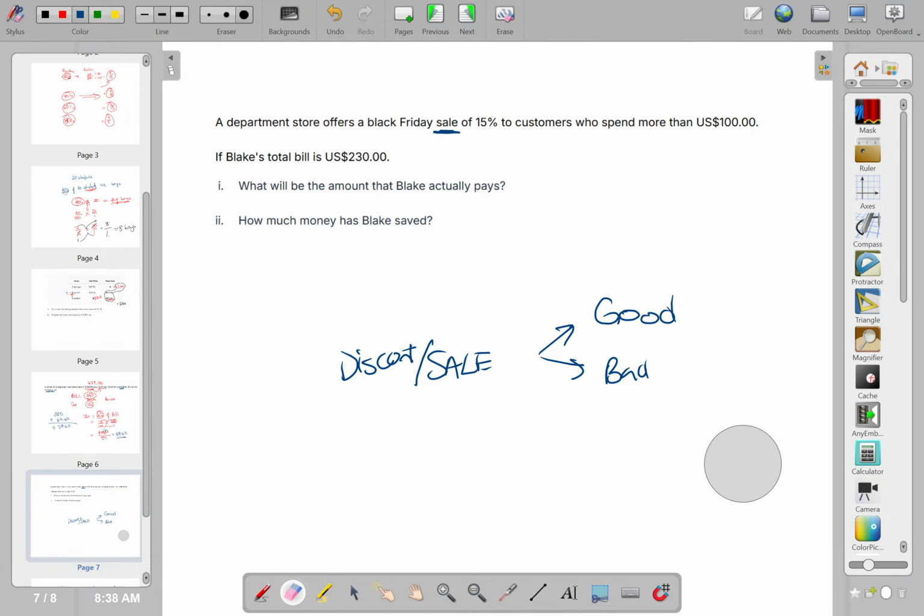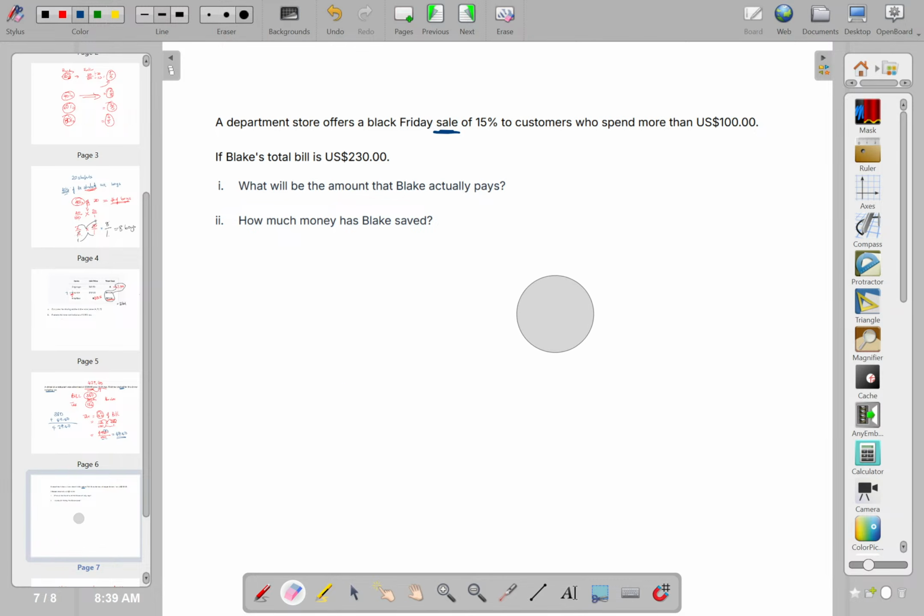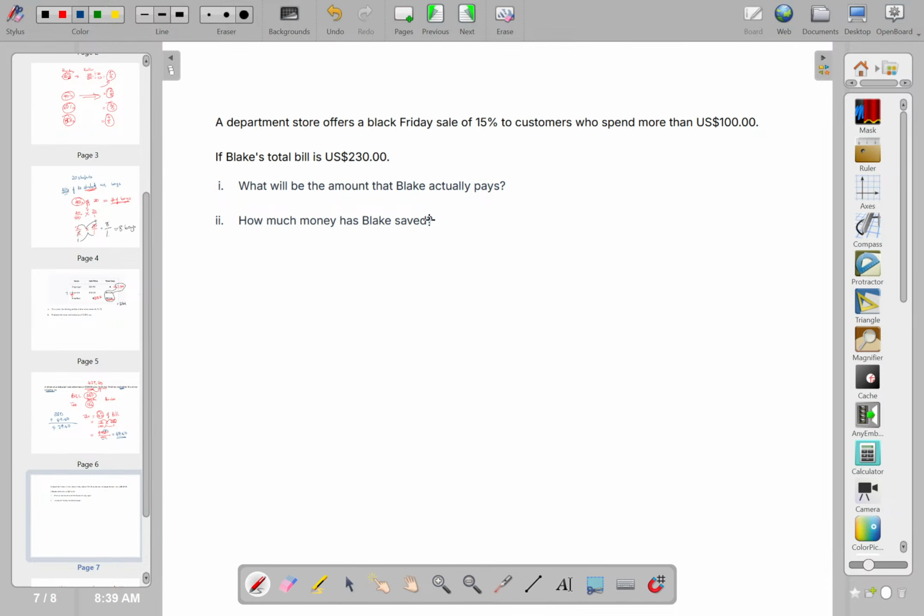But anyways, the point is, what happens when you have a discount or a sale? The price of something is going to fall. You're making it cheaper so that people can come in and buy the stuff that you have to offer. Now, the store offers a 15% sale.